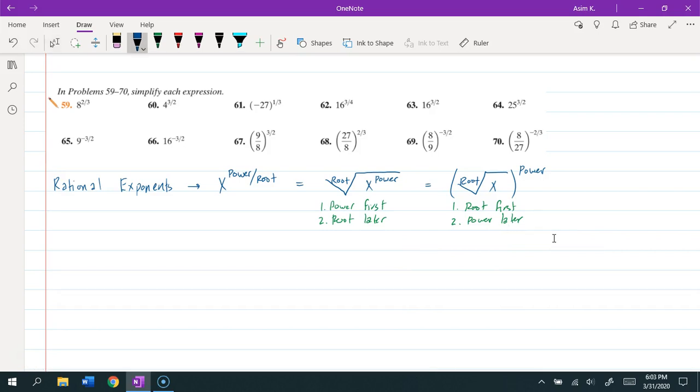So let me give you guys a number of examples. It takes a little bit to understand it, but inshallah you will. Number 60 says 4 to the power of 3 over 2. Now, I know I say power, but there's a lot more to it, right? So you can write 4 to the power 3 over 2 as the second root.